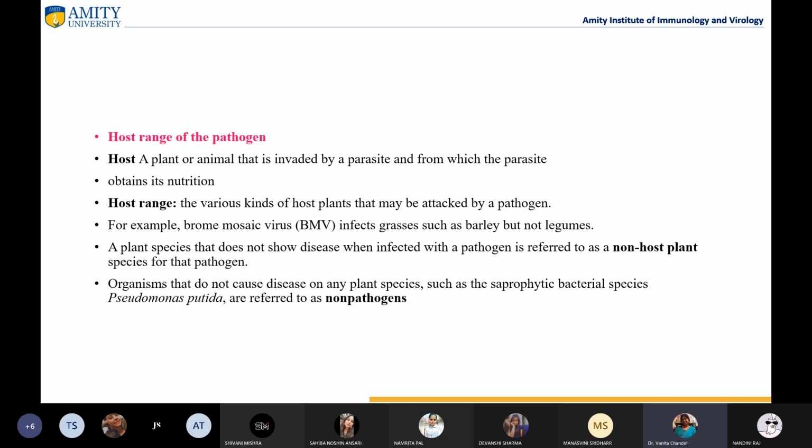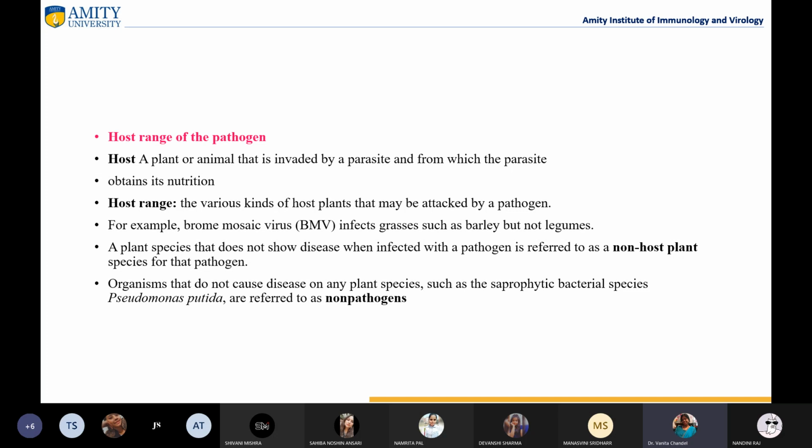This is important here: not all plants are hosts of all pathogens, right? Pathogens can be specific in their host. There are a number of tree viruses or tree diseases which do not cause infection in vegetables or other plants. So it is not the case that all pathogens affect all kinds of hosts. Pathogens are host specific, right?